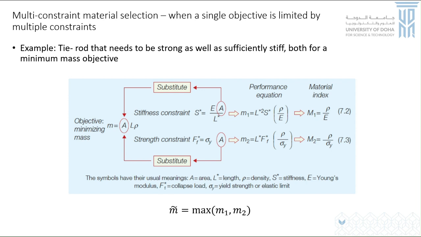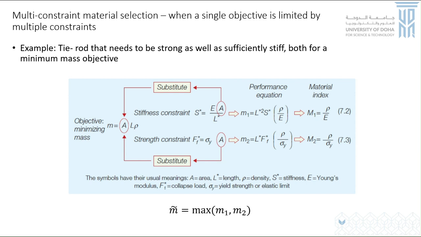In those cases, the deflection constraint can be more important for you. In other cases, the strength constraint may be more important because if you go above a certain limit, you may end up with a catastrophic failure, which can then result in loss of life and other things. So different scenarios and different components require that as an engineer you give more importance to different constraints as opposed to others. Now, let me explain what the problem is.